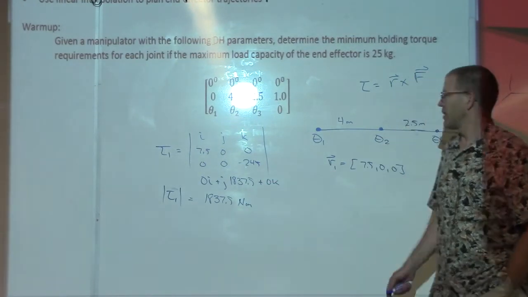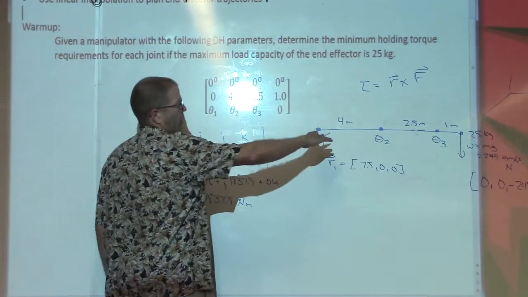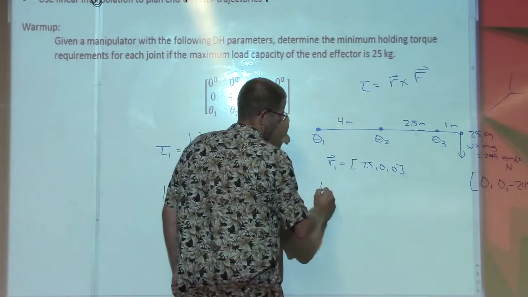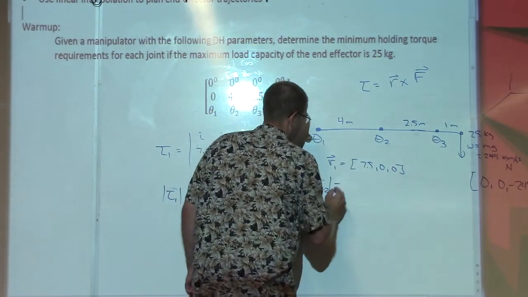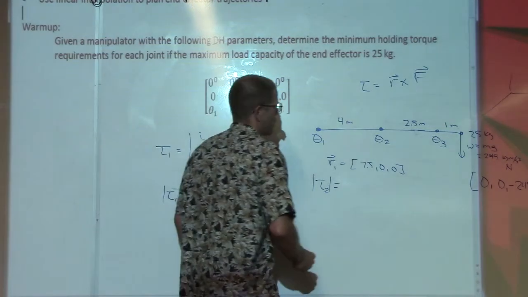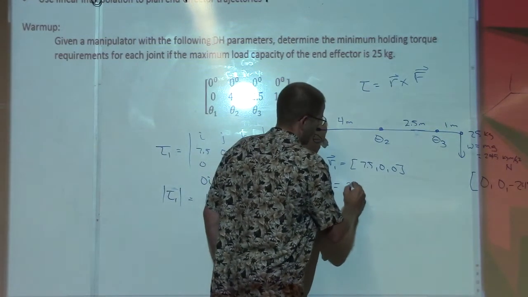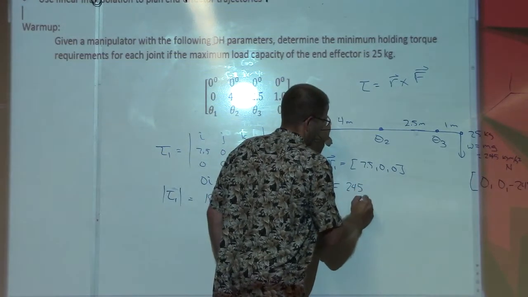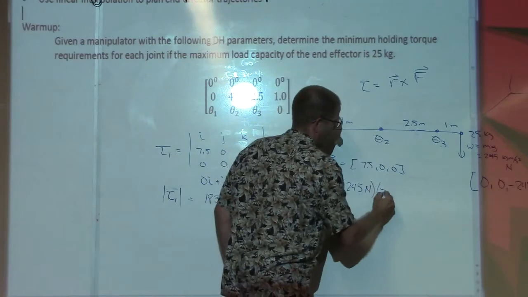So if we set this up along one of our axes, we can say that the magnitude of the torque on the second joint is just going to be the force times distance, the 245 newtons times the 3.5 meters.